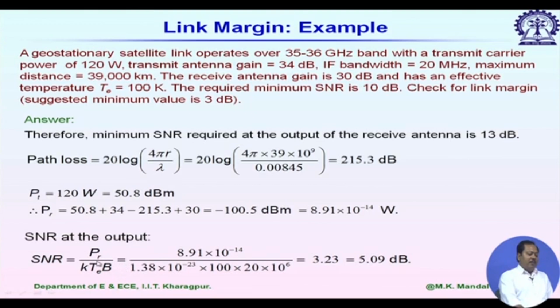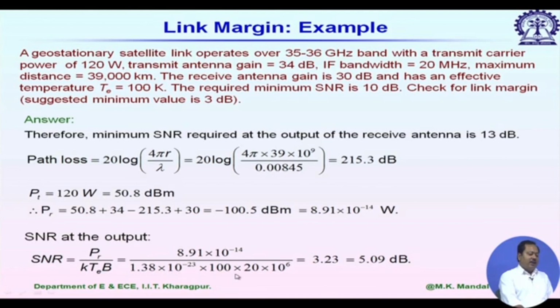This bandwidth we will discuss later; this bandwidth is not simply the bandwidth of the channel. For now, we are considering the bandwidth of the channel, which is given as the IF bandwidth 20 megahertz.